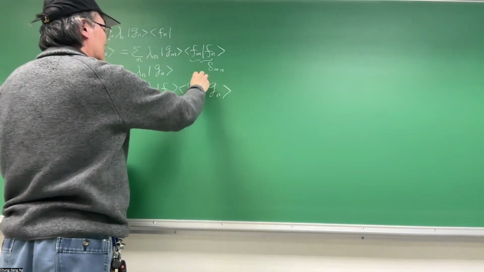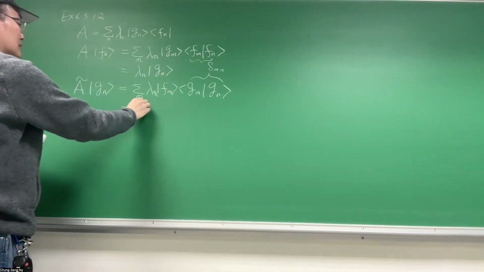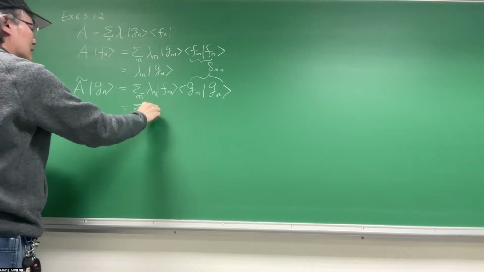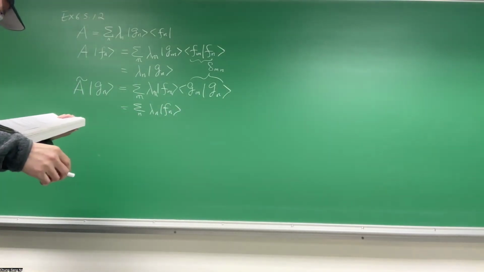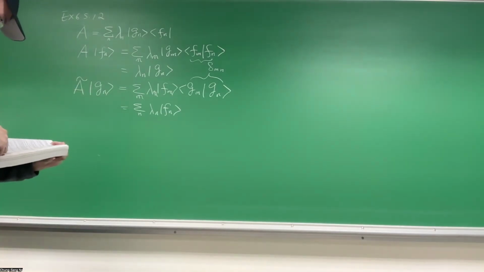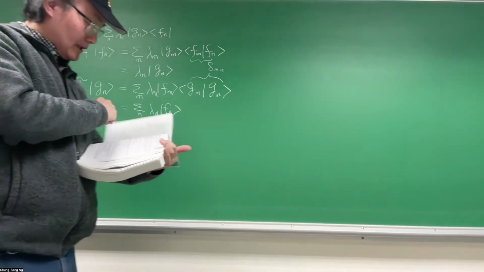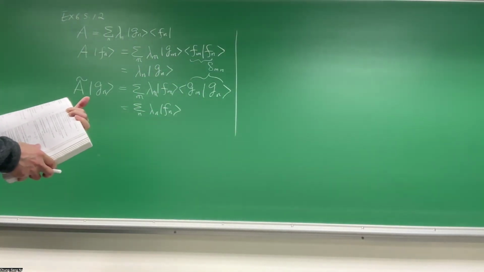Now this is also a Kronecker delta, right? And so that is the sum of m, 1 n, F n. Now that's the second equation. I think your textbook is suggesting you do that.